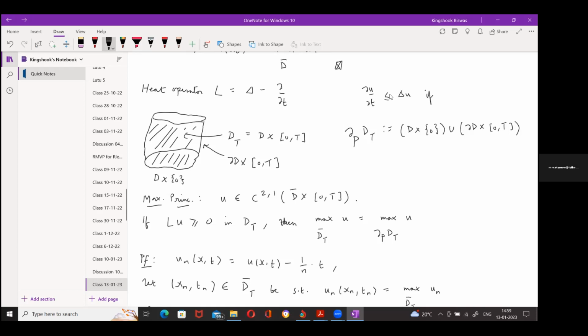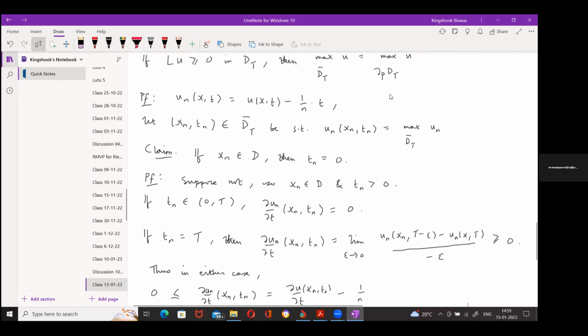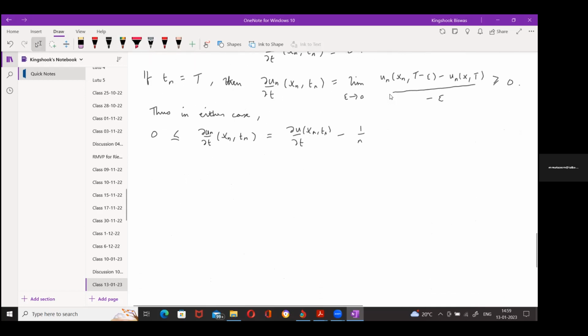So under this hypothesis, del u del t at xn, Tn is less than or equal to Laplacian u at xn, Tn minus 1 over n.